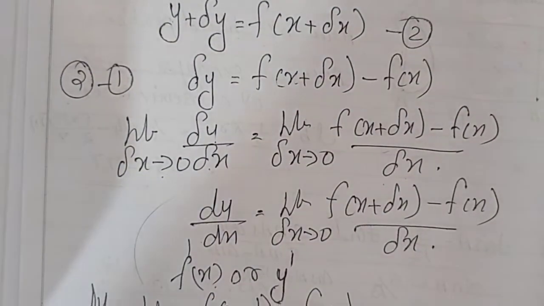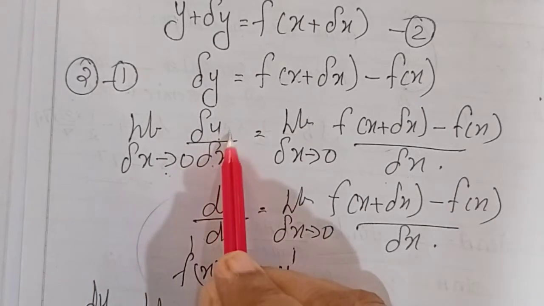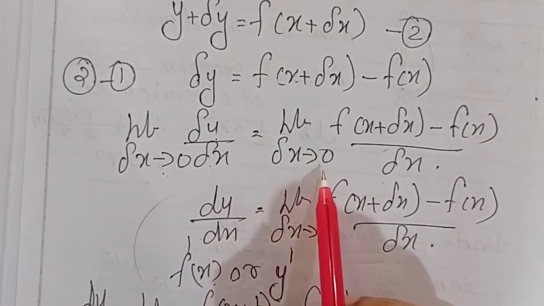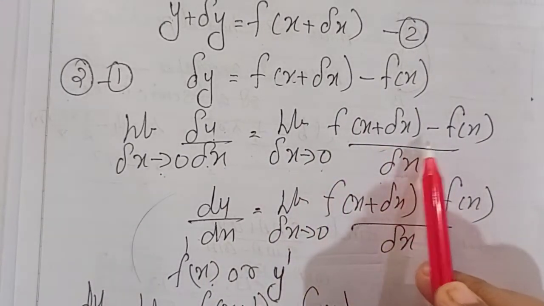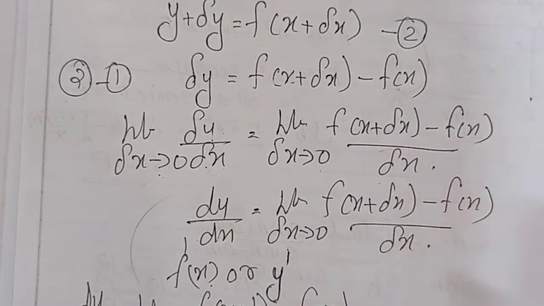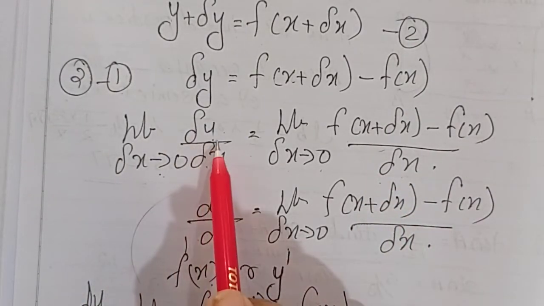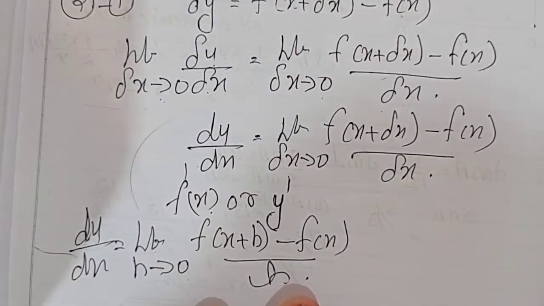Or limit delta x tends to 0, delta y by delta x is limit delta x tends to 0, f of x plus delta x minus f of x by delta x. Limit delta x tends to 0, delta y by delta x is dy by dx.